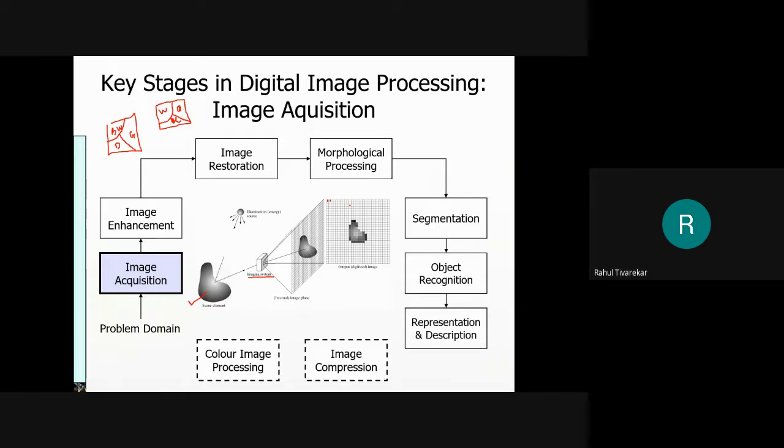But in an actual scene, the number of intensity levels will be more, and hence the number of intensity levels observed in this image also will be more. Now it depends on how many bits we are using to represent the image. Again, we will be talking about this in a later course. But by now you remember one thing.